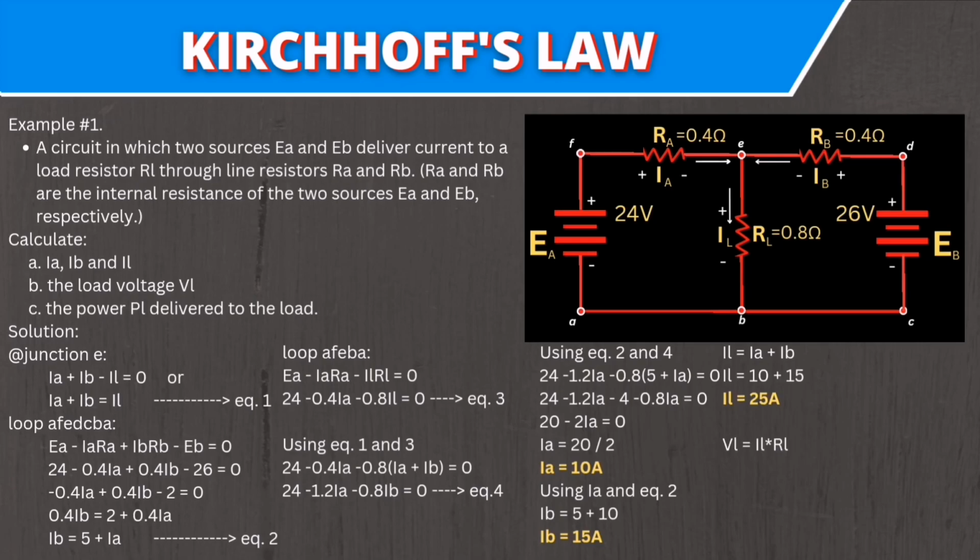Then to solve for V sub L, simply I sub L times R sub L. V sub L is equal to 25 times 0.8, which will result in 20 volts. And lastly for the P sub L, which is equal to I sub L squared times R sub L. Substituting the values, we will have 25 squared times 0.8 ohms. So P sub L is equal to 500 watts.